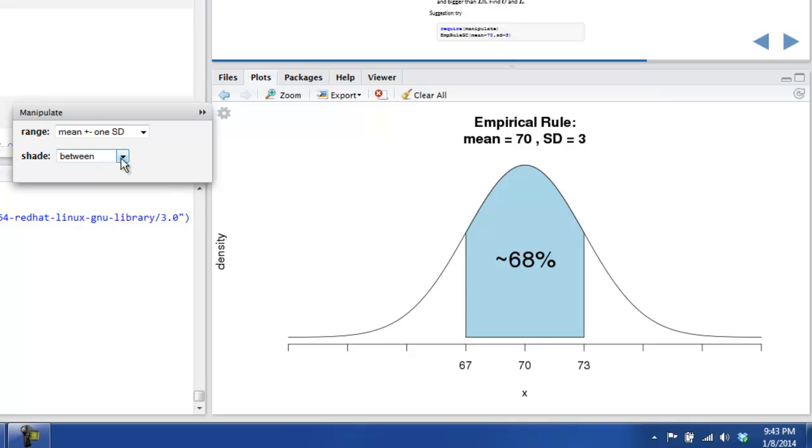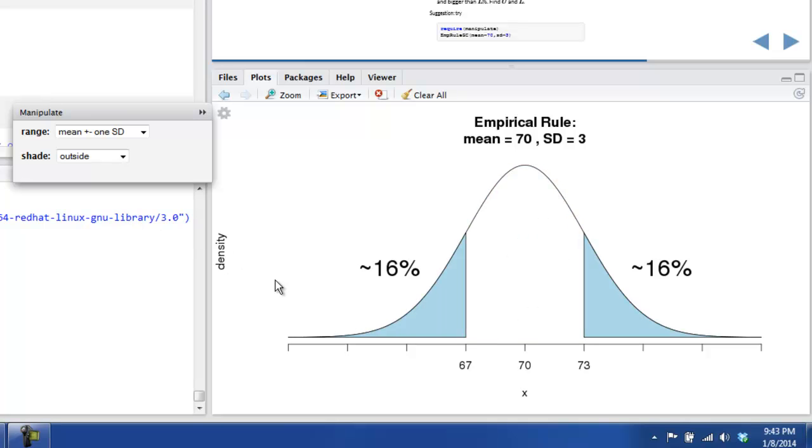Now, what percentage of people are taller than 73 inches? For that, you might want to look at what's outside. If 68% are between, then that leaves 32% to be outside, because 100% minus 68% is 32%.